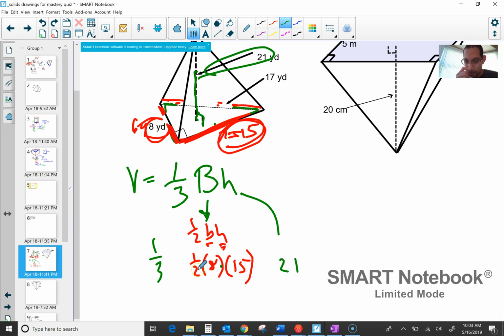So let's focus on the area of the triangle. 1/2 times little b, 8, and h, 15. So that's 4 times 15, which is 60. So 1/3 times 60 times 21 means 1/3 of 60 is 20, and 20 times 21 is 420, I think.